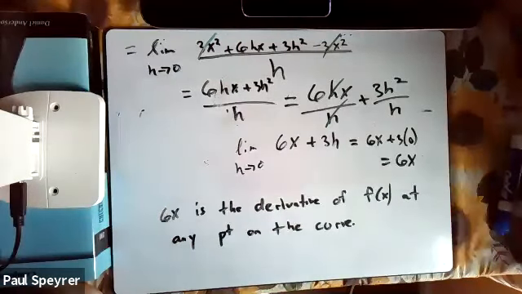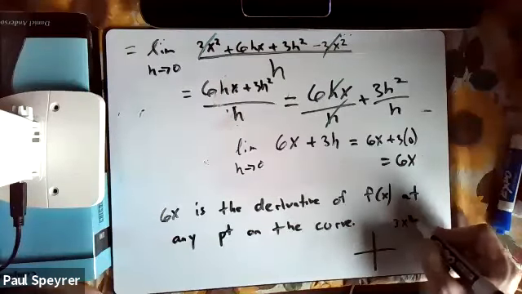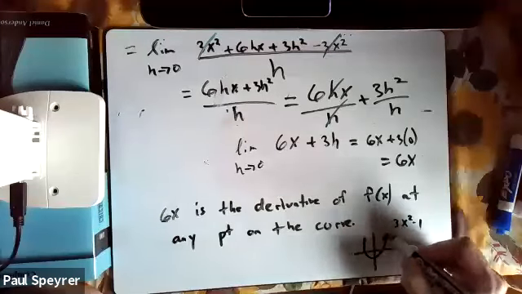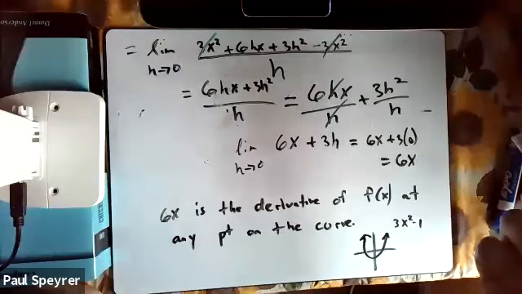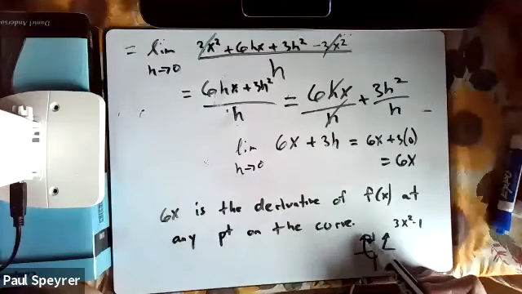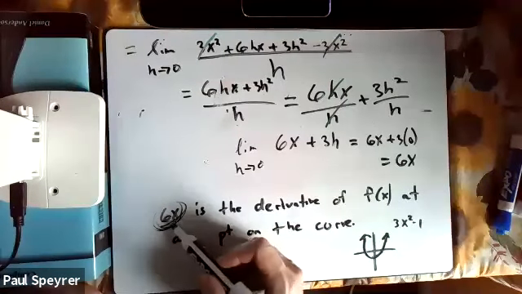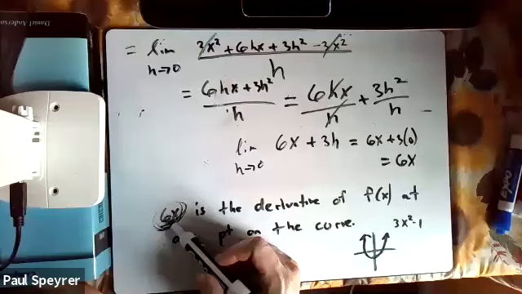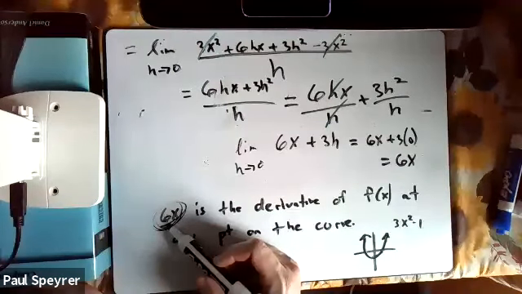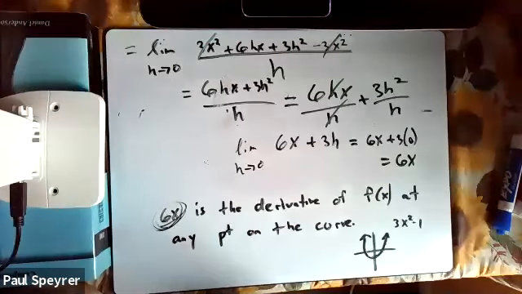So remember, 3x squared minus 1 was not a straight line at all, right? It was something like that. If you think about it, remember, slope was always like a nice straight line, right? Between 2 points. But this is not even a straight line right here. This is a curve. So what's nice about this 6x is it's telling us, oh, well, this is going to be the slope, or give us the slope, the instant slope at any point on this curve right here.